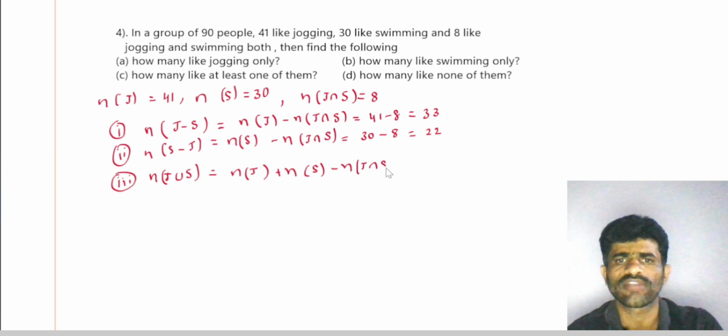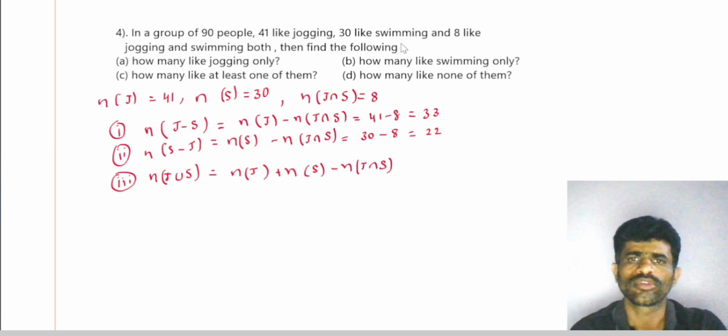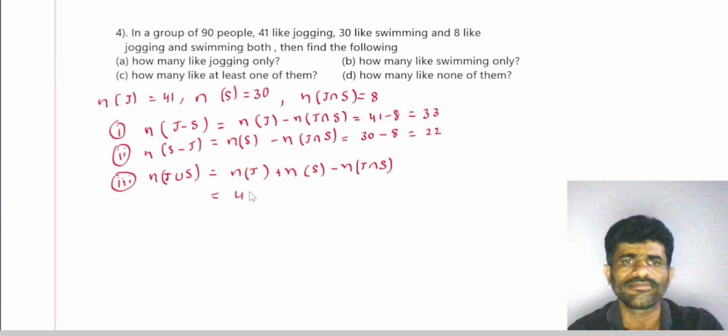Let us use this one because we know all this information. This is 41 plus 30 minus 8, which is 71 minus 8, that is 66. 66 people like at least one of them.